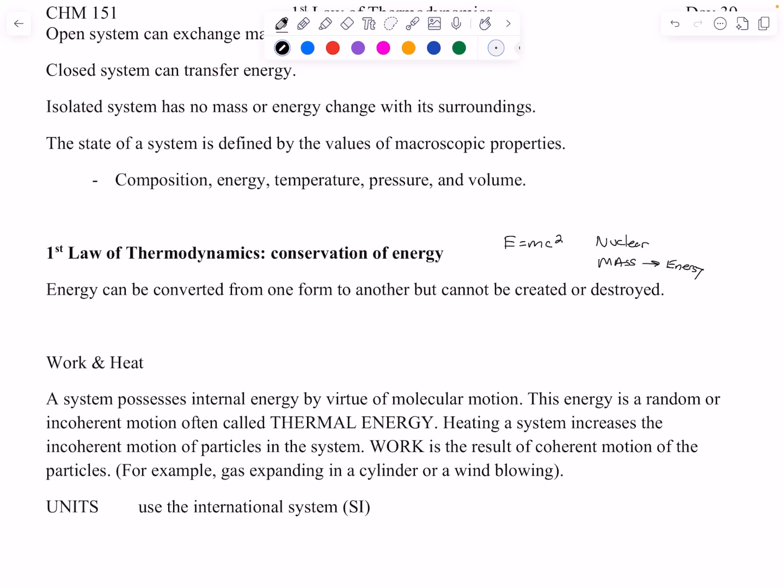And so what has happened is the law of conservation of mass and the law of conservation of energy are basically combined into the law of conservation of mass and energy. All right? Okay? So that's kind of what that is. But we're going to just roll with the first law of thermodynamics, which means the energy of the universe is constant.